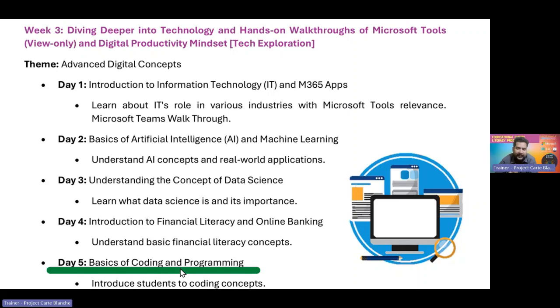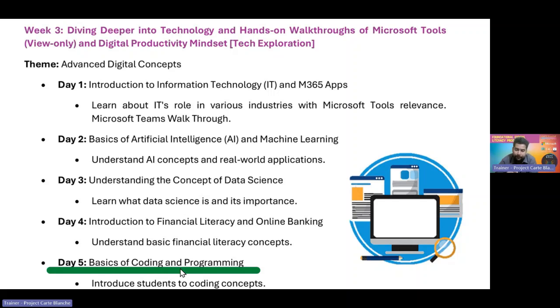If we quickly recap how this week went, first we discussed IT, information technology: what is the relevance of it, what are the software fields, and what jobs are available in the current IT segment.